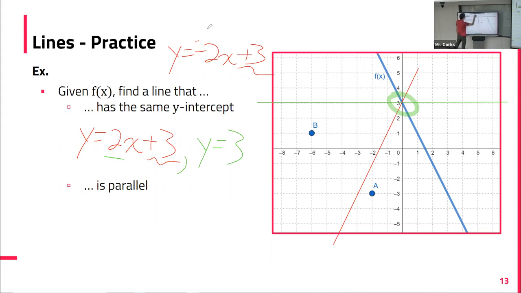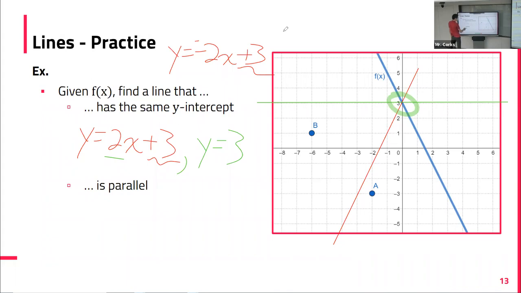All right, next, parallel. If we have two lines that are parallel, what will we notice about the equations? Same slope.